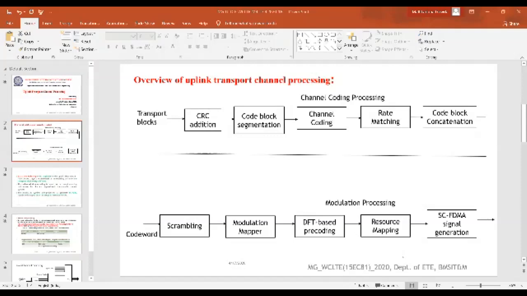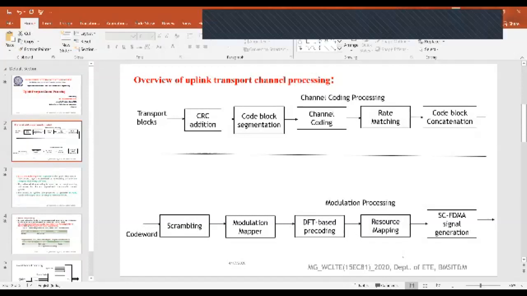This also we have discussed. After this, that is all about bit to symbol mapping. Then resource mapping. So the last block is different compared to the downlink transport channel processing. Okay. The only difference here is the last block, that is SCFDMA signal generation.